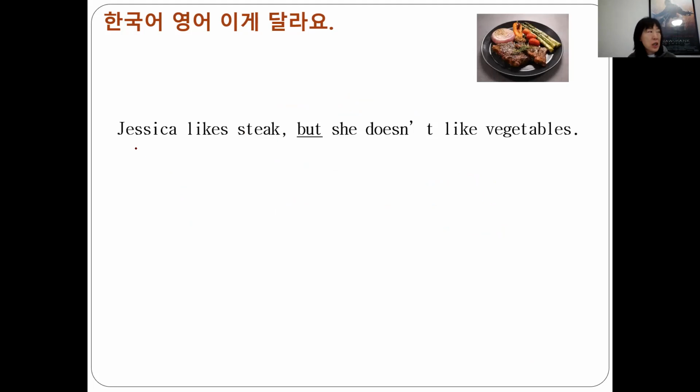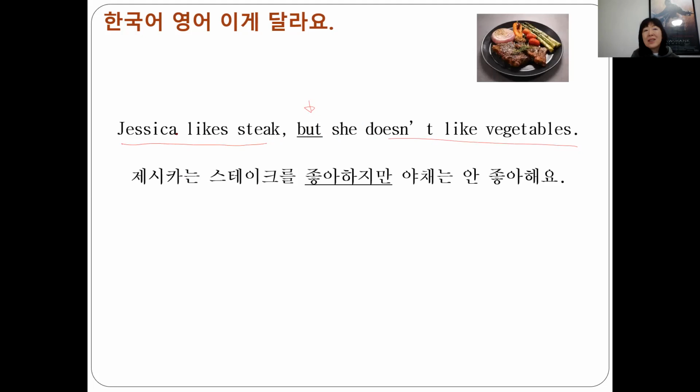자, and then one more thing that I really wanted to share. I didn't share this one recently, but in my first and second year when I taught Korean, I did some activities related to this one. Jessica likes steak, but she doesn't like vegetables. 있습니다. If you see this sentence, the two sentences are connected with the conjunction word but. If I translate this one in Korean, in English these are two sentences, but in Korean only one sentence입니다.